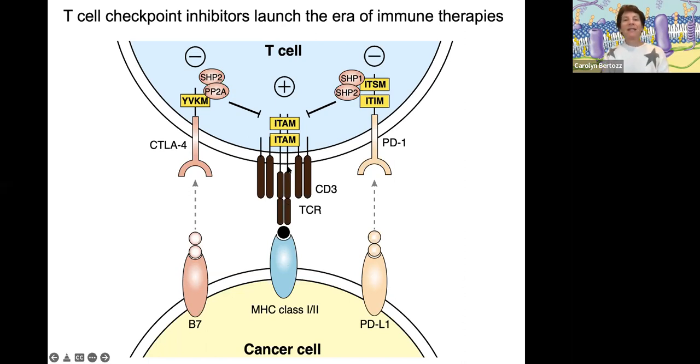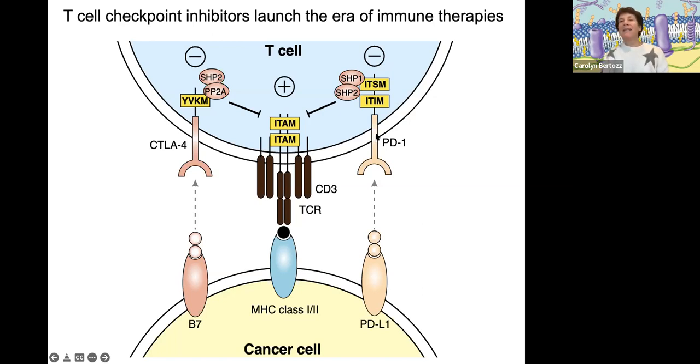Now, the activating signal through the T cell receptor involves a kinase cascade. And there are activating signatures in the cytosolic domain of the T cell receptors. They're called ITAM domains. The immunologist will recognize these as domains that allow the association of kinases involved in this signaling. And the way that PD-1 quenches the signal through the T cell receptor is through its own signaling domain in its own cytosol.